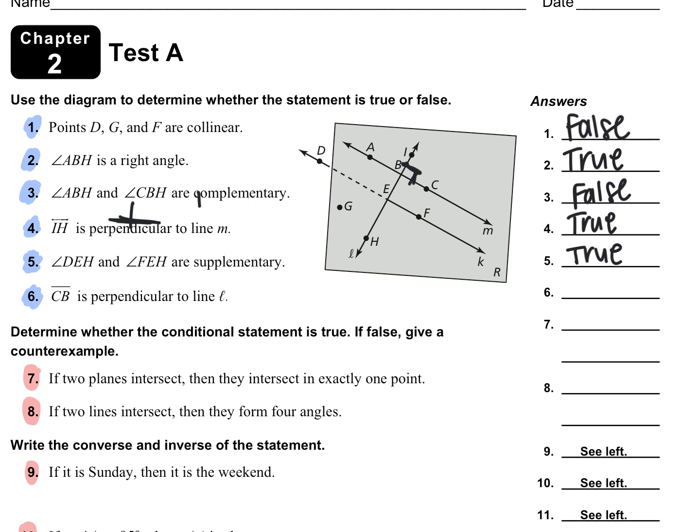Remember, perpendicular is a 90 degree angle. So this is also true. Perpendicular means 90 degrees, so please make sure you know that. Again, if you didn't do this, this was for you to complete by this morning at 8 a.m. It is late.